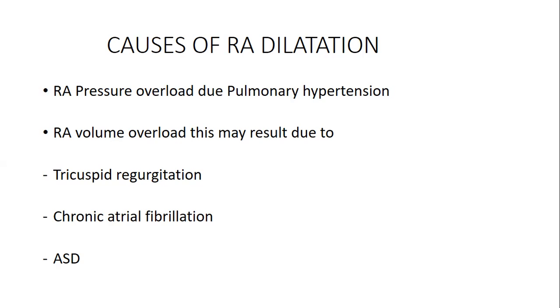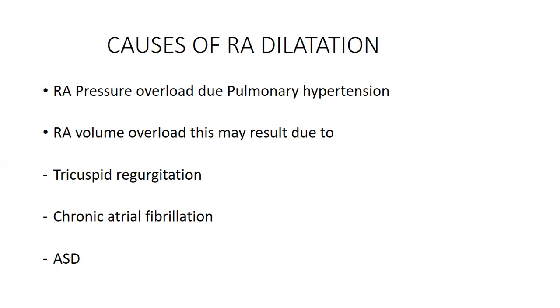due to those uncoordinated electric impulses? So the emptying or the preload of the right ventricle may actually be affected. And once the preload is affected, you are going to have poor or inadequate emptying of the right atrium. So you are going to have fluid overload within the right atrium, and this may actually result in dilatation of the right atrium.